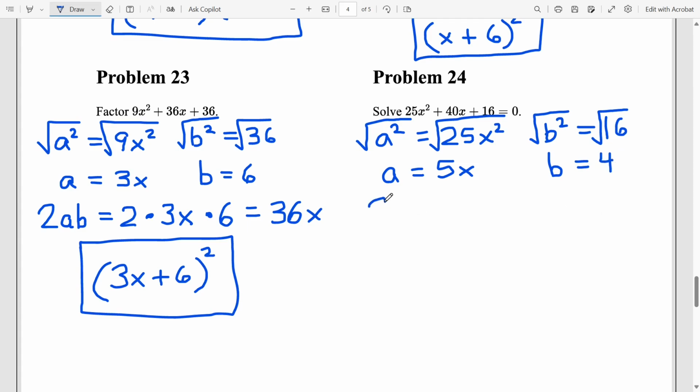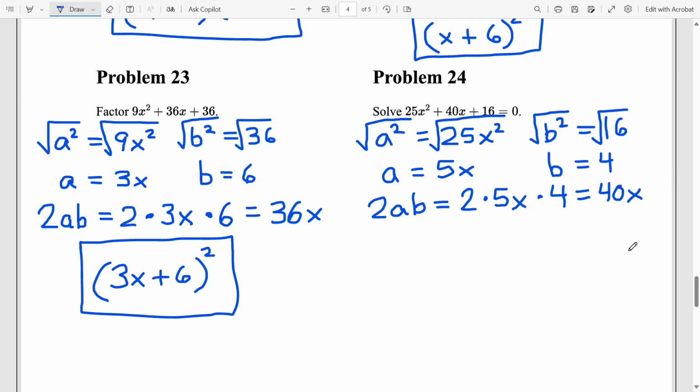Okay, so 2ab. Again, we're checking to make sure that this is a perfect square trinomial. It's going to be 2 times 5x times 4. So 2 times 5x is 10x, times 4 is 40x. So that equals our middle term.